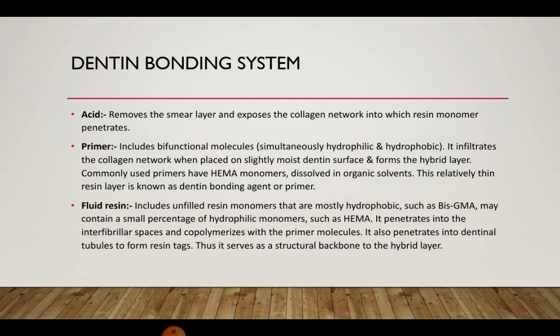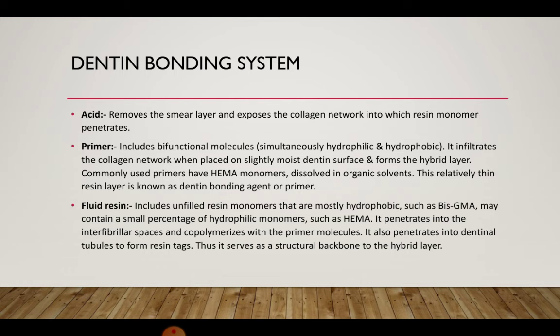Now coming to the third part, which is fluid resin. Now after applying the primer, fluid resin is applied. What is fluid resin? It includes unfilled resin monomers which are mostly hydrophobic. For example, bisphenol glycidyl methacrylate. They may contain a small percentage of hydrophilic monomers also, such as hydroxyethyl methacrylate.